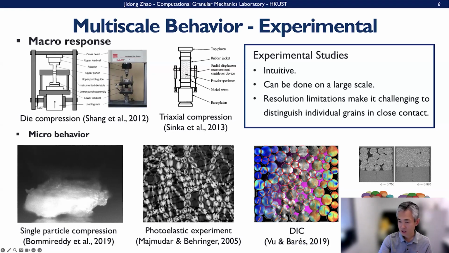Okay, we can use CT tomography to image their compression process here, right? So intuitively, the experimental way can give us quite intuitive observation of how this granular matter deforms, and how they develop multiple contacts and then connect to each other.